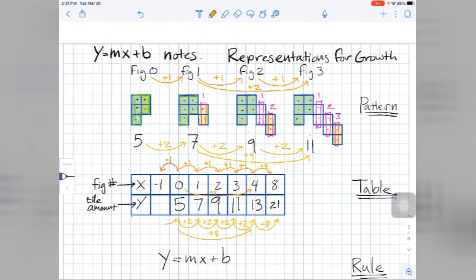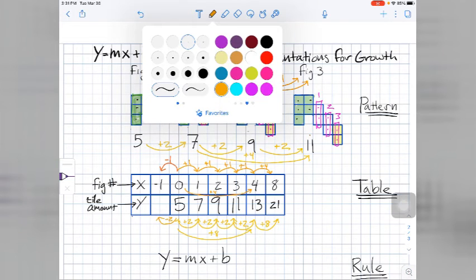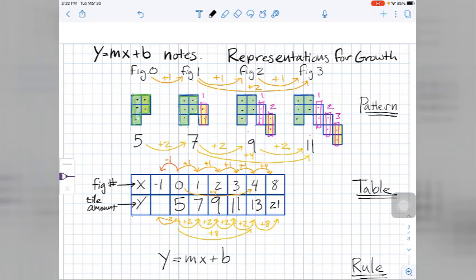Let's use this color here, slightly different. This is going to be minus 2. So 5 minus 2 means that figure -1, which is a weird thing to think about, is going to have 3 tiles in it. So I can find a relationship here between my table and my tiles.